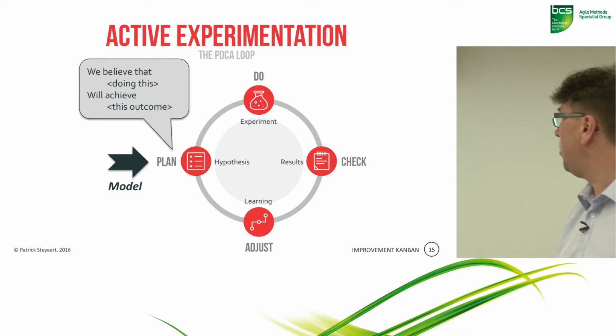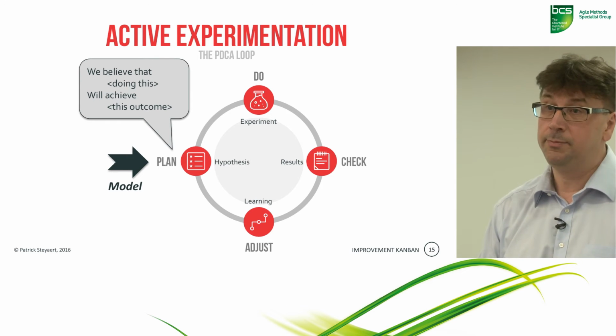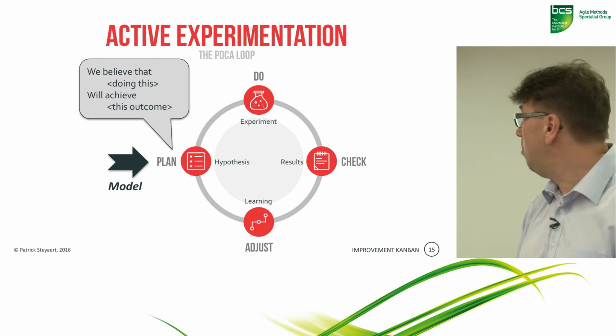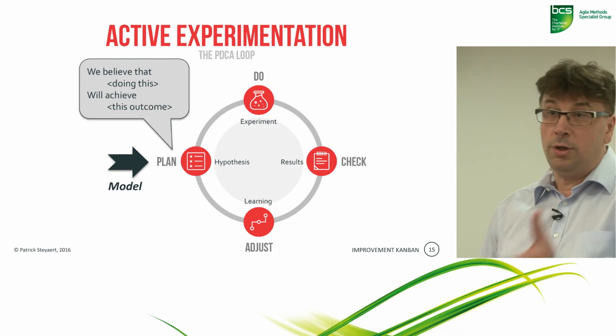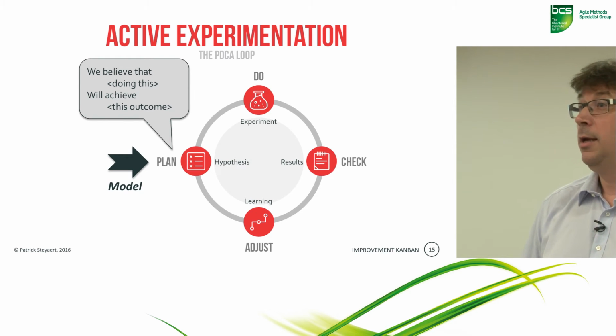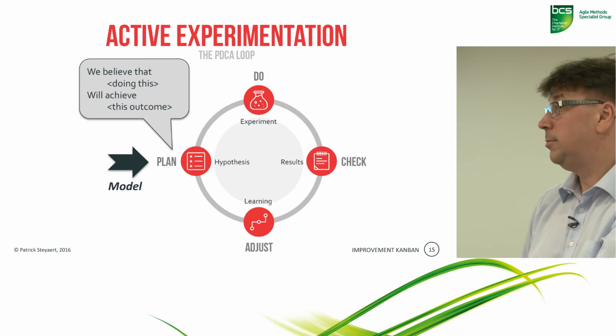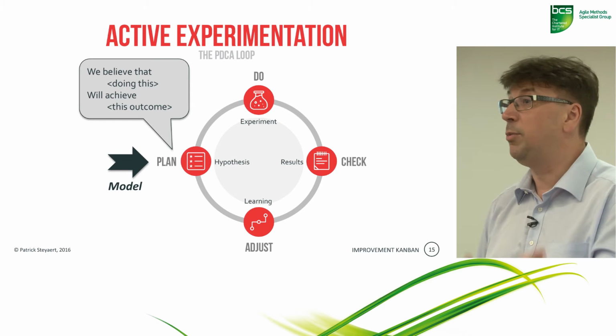By active experimentation, we have some model of the landscape in our head. We have some hypotheses: we believe that by doing a certain change we will achieve a certain outcome. We do the experiment. We devise an experiment for validating our hypothesis.